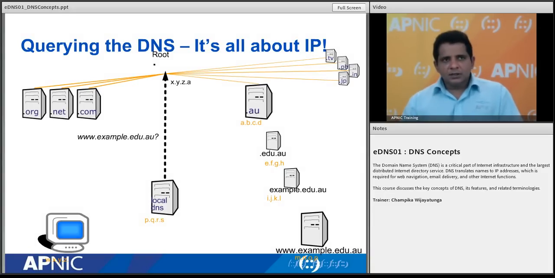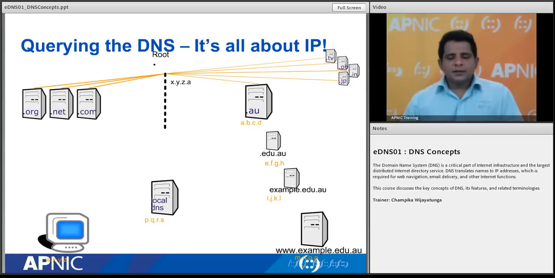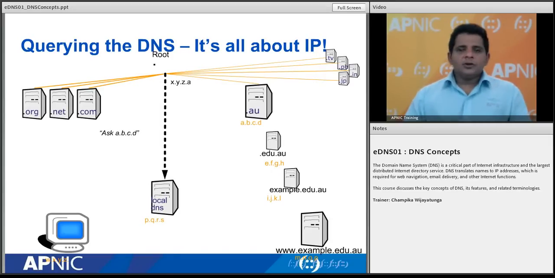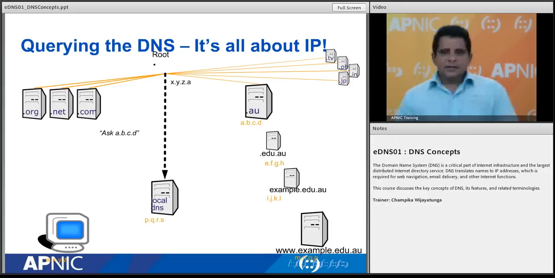So you have the root level, which is the dot level, and then the next level is going to be the top level, something like .com, .net, or a country code. So root is not going to give the answer exactly for this particular question.